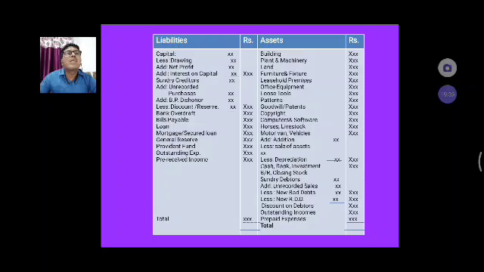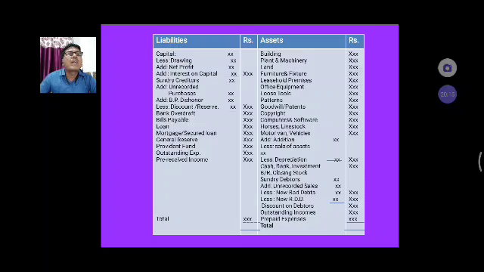And on the asset side, fixed assets and current assets: building, plant, land, furniture, leasehold premises, office equipment, used tools, patents, goodwill, copyright, computer software, horses, livestock, motor van, vehicles. These are all assets, and add addition and less sale of assets, and also less depreciation, and then write to the outer column.